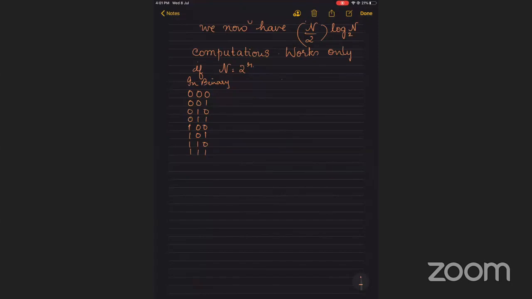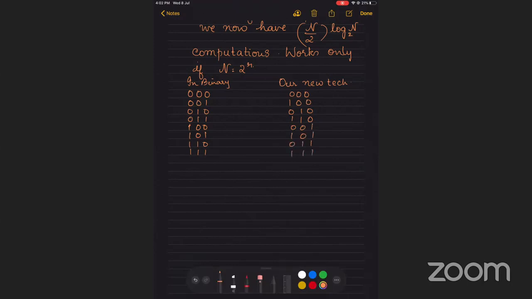Now in our new technique, we have 0, 0, 0, 1, 0, 0, 0, 1, 0, 1, 1, 0, then 0, 0, 1, 1, 0, 1, 0, 1, 1, 1, 1, 1.